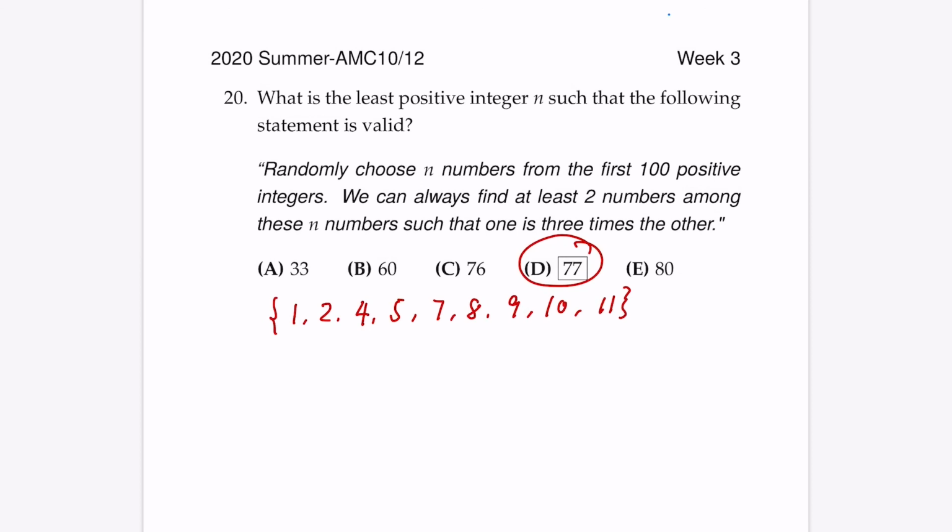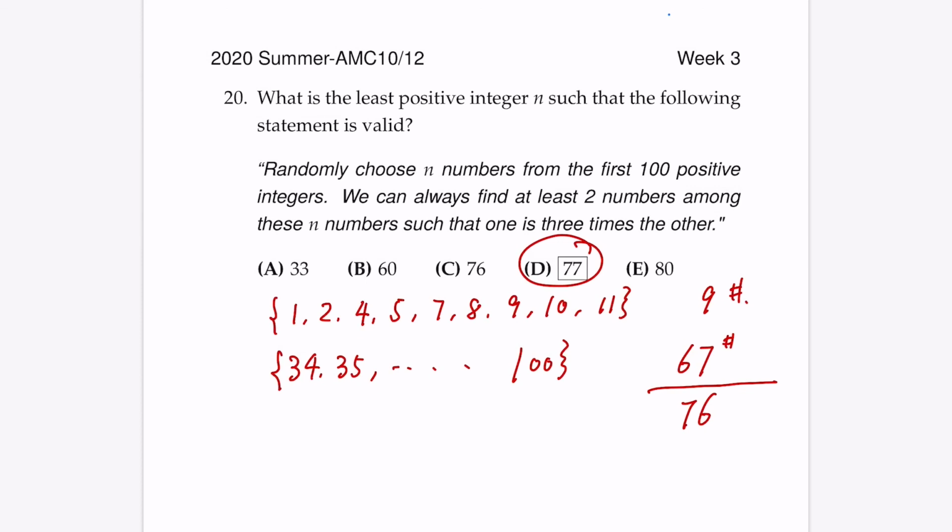So altogether there are 9 numbers. And also 34, 35, all the way through 100, totally 67 numbers. So adding together, this is 76 numbers. For these 76 numbers, it is easy to see that none is 3 times another.